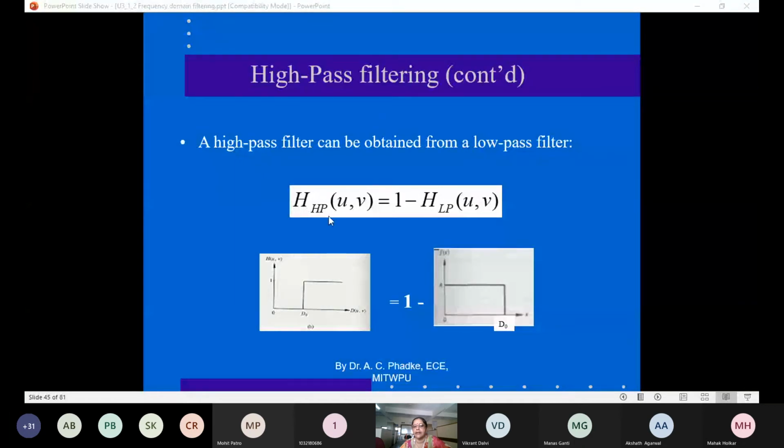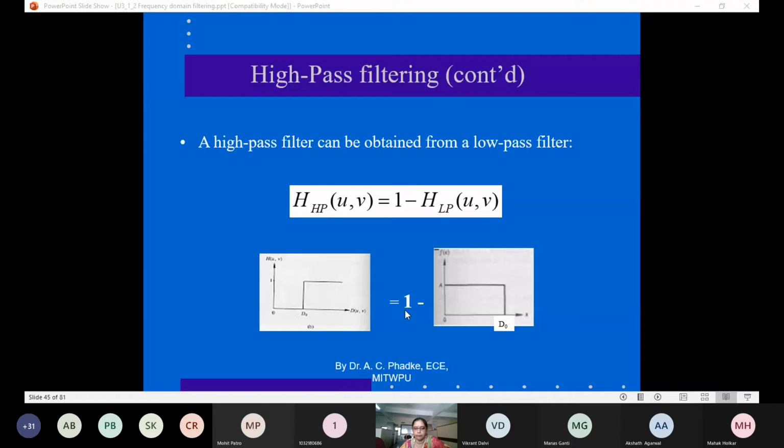This ideal high pass filter H(u,v) is given by 1 minus the ideal low pass filter. So this is your ideal low pass filter. Simply subtract it from 1. We will get its inverse, that is, here we will get 1, and after D0 we will get 0. The same is shown here.